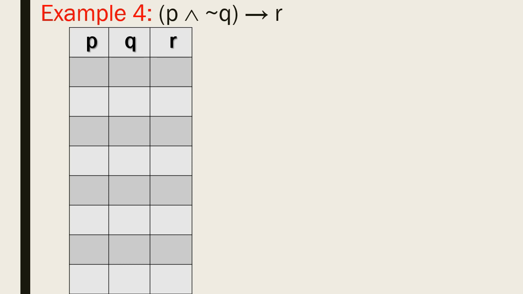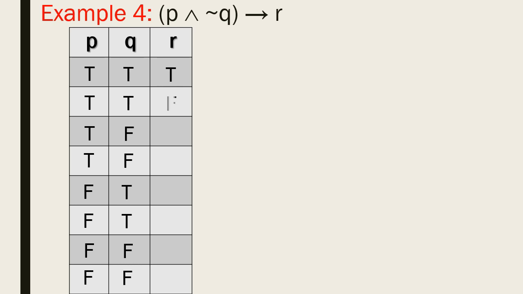Let's count: 1, 2, 3, 4, 5, 6, 7, 8. So 8. For P, the first column, 4 T's and then 4 F's. Then for the second column, by 2's, 2 T's and then 2 F's. Then for R, alternate T and F.